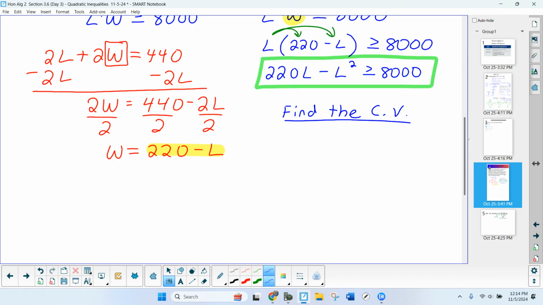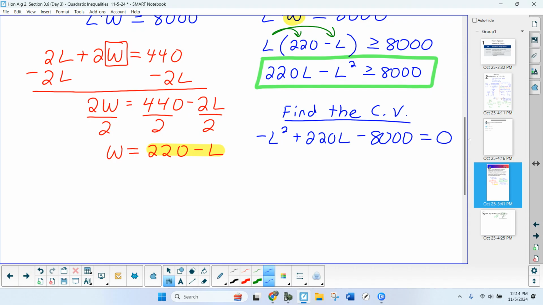So I'm going to go ahead and move this 8,000 over and rearrange it. So I'm going to write negative L squared, I have positive 220L. And then what would you do with the 8,000? Subtract it. And that is equal to 0. Because remember, when you find the critical values, you take out the inequality and put it in equals. Did I mess anybody up on what I did there?